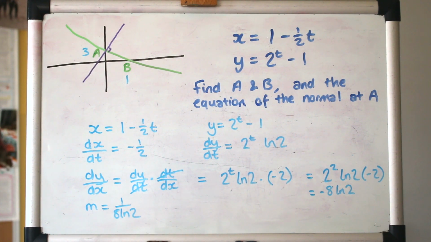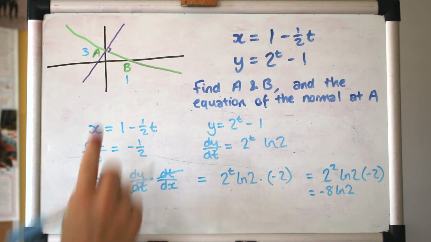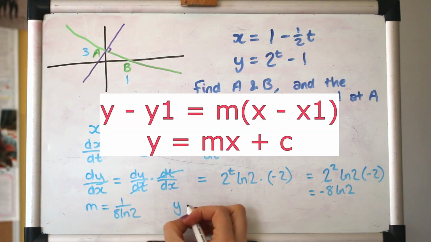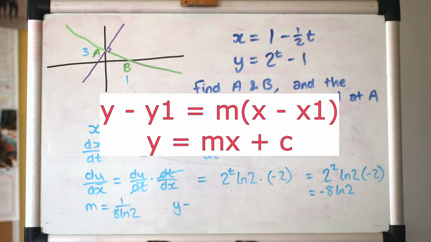And we also know the coordinate that it passes through, which is 0, 3. So I'm going to use y minus y1 equals m(x minus x1), or you can use y equals mx plus c, whatever you use to get the equation of a straight line.